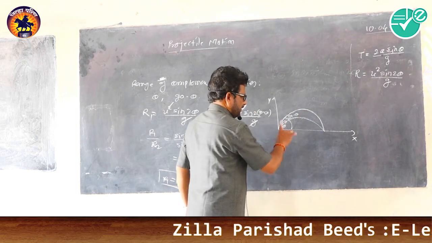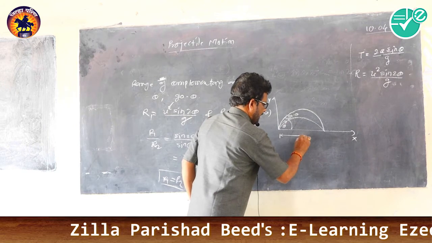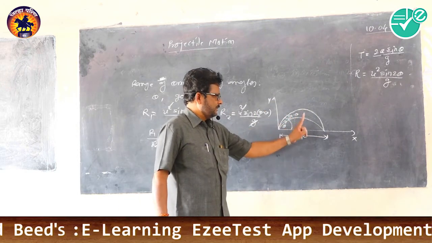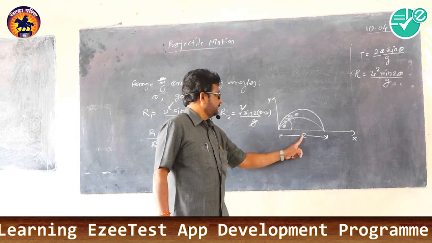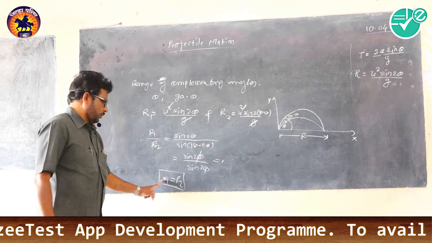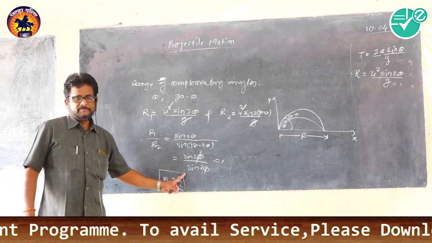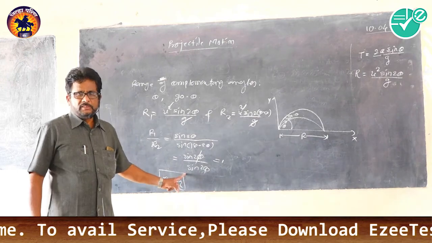For both angles, the range R is the same. So R1 equal to R2, or the ratio R1 upon R2 is equal to 1. So friends, we stop here.